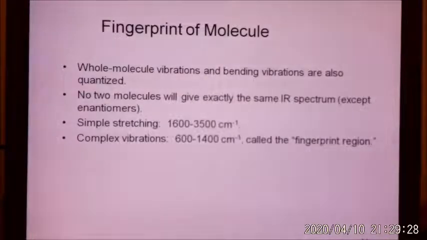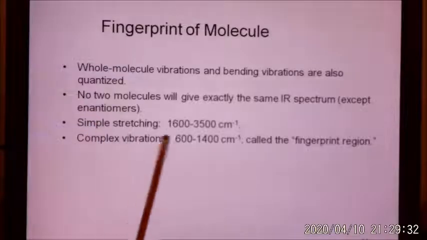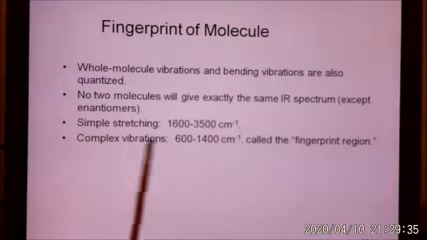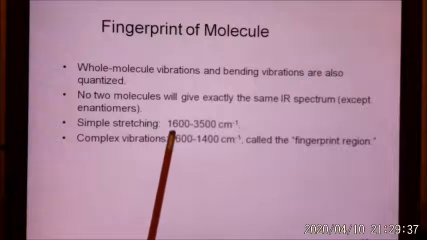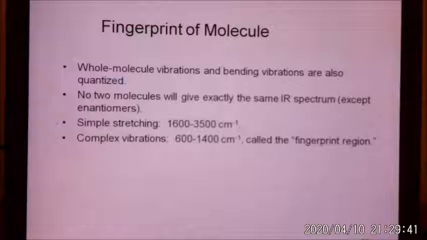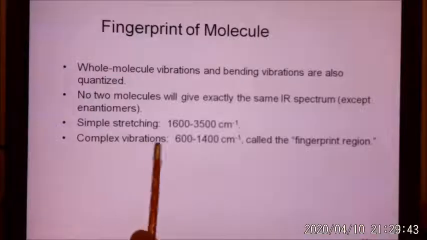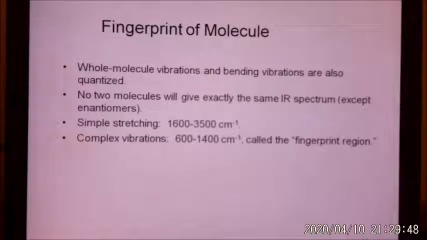So the fingerprint of a molecule. Oftentimes stretching is in this range, and then from 1400 to 1600 we'll see some stretching that becomes more complex. Then we get complex vibrations from 600 to 1400, the fingerprint region.